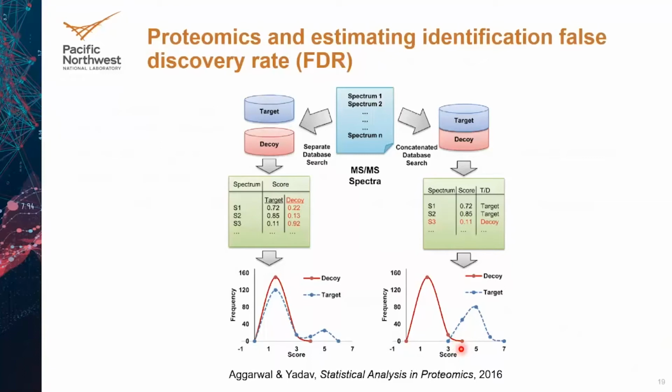So there have been a few papers out there on exploring false discovery rate methods for metabolomics, but we don't have anything yet that has been widely adopted by the community, so a little bit more work to be done there.